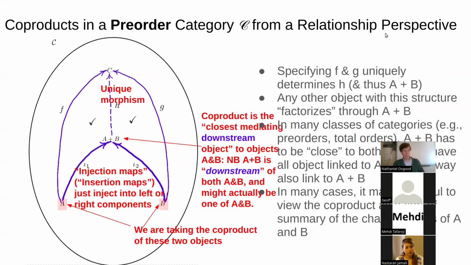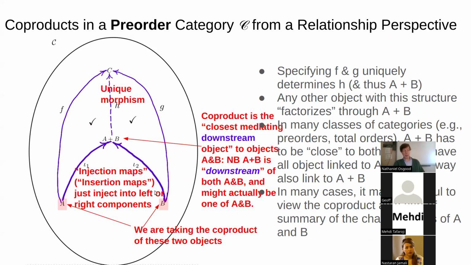Downstream. So in a pre-order category, you have something like this. And this is greater than or equal to that. This is a pre-order, right? Remember, morphisms in a pre-order mean in some sense this is greater than that. So this is like the least object that's greater than or equal to A or B. Do you get that point?